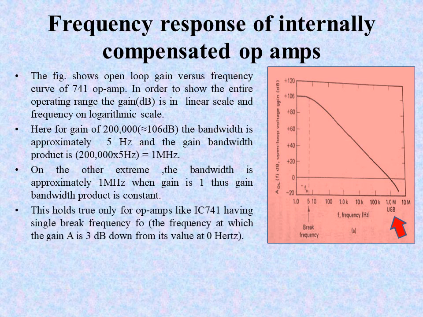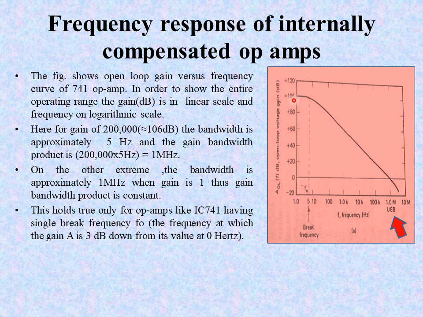Now this type of graph holds true for op-amps like IC741, which have a single break frequency. Now what do we mean by single break frequency? Here this single break frequency is represented by F0. Basically this is the frequency at which the gain A is 3 decibels down from its value at 0 hertz. So what is the value of gain at 0 hertz?